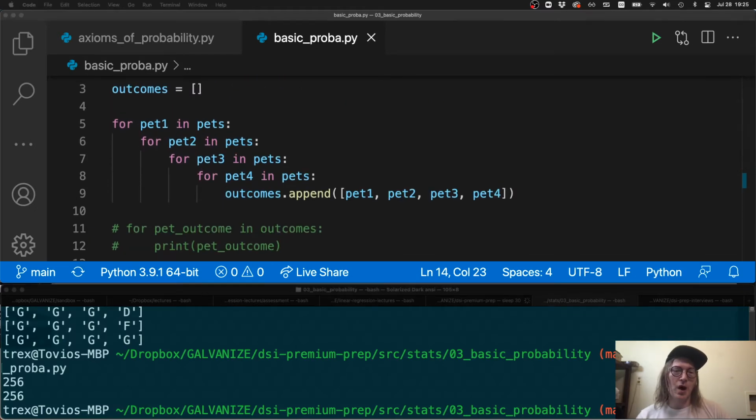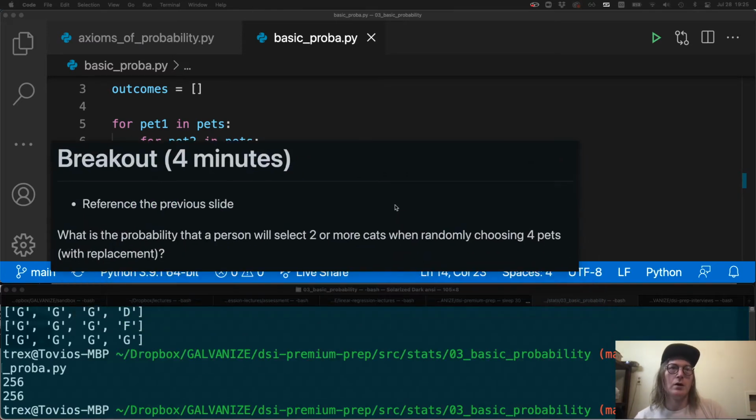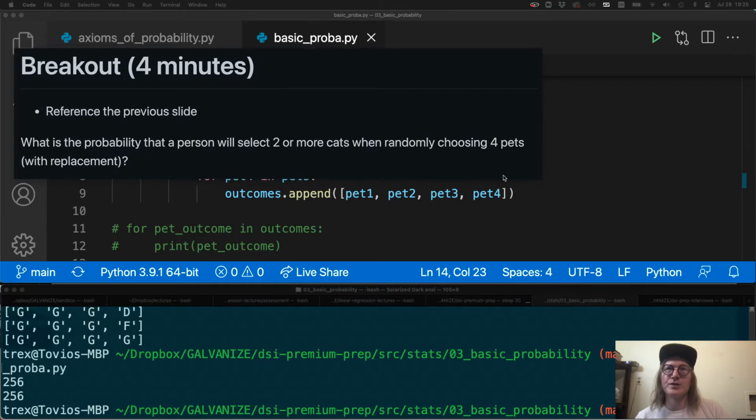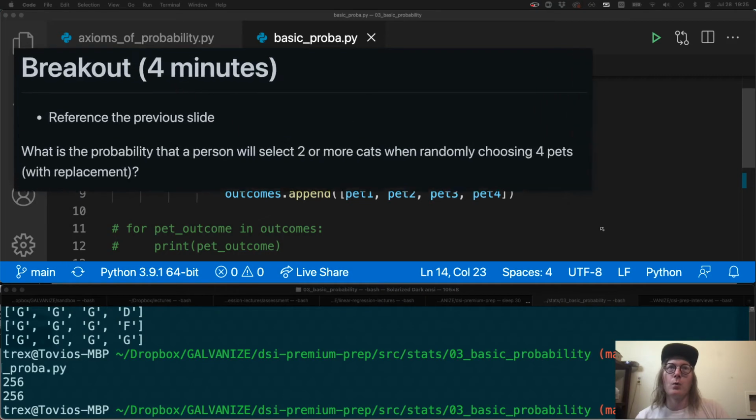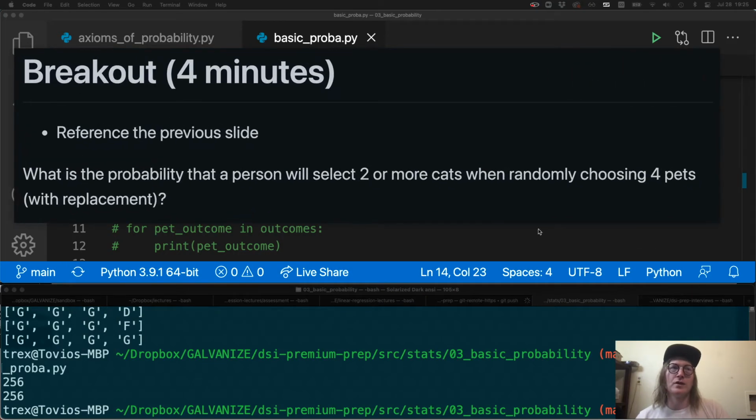I'm going to give you a prompt: what is the probability that a person will select 2 or more cats when randomly choosing 4 pets? You're going to have to use the code that I dropped in the Slack. And that's 4 pets with replacement, as I said.